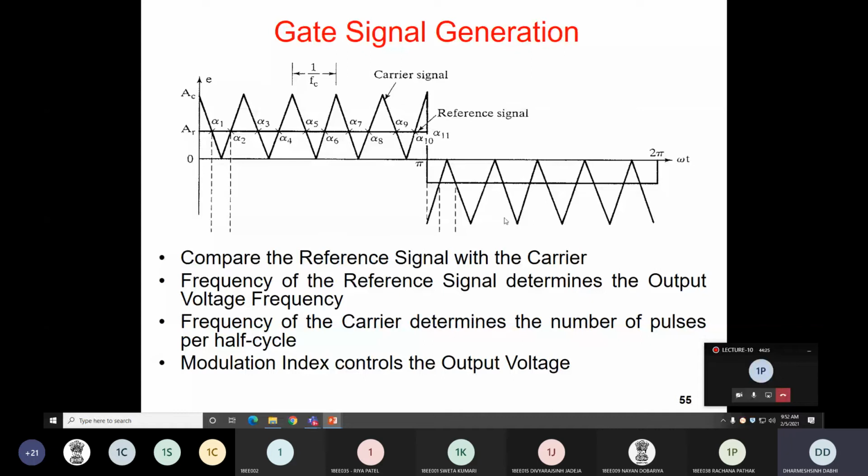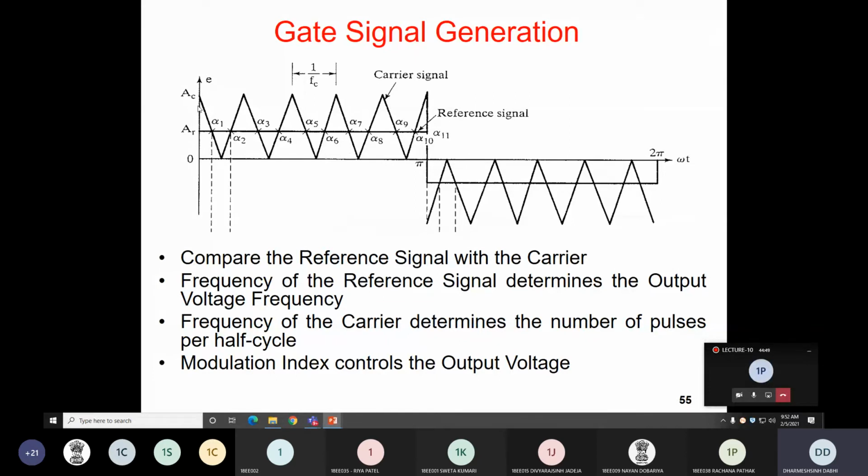So by comparing this reference signal, square wave, with the carrier signal, you get more number of pulses, and the magnitude of your output voltage is decided by the modulation index. What is the modulation index? The ratio of AR by AC.